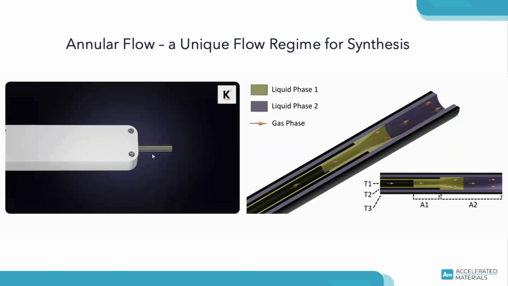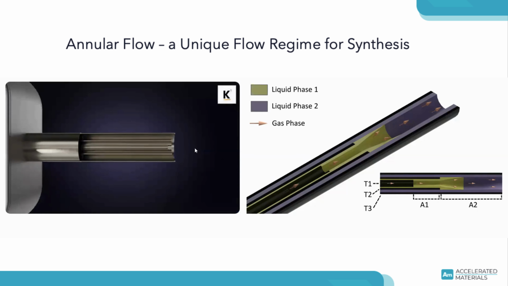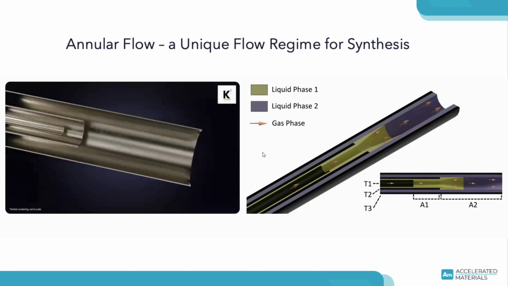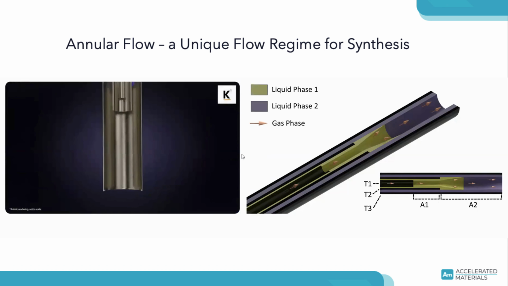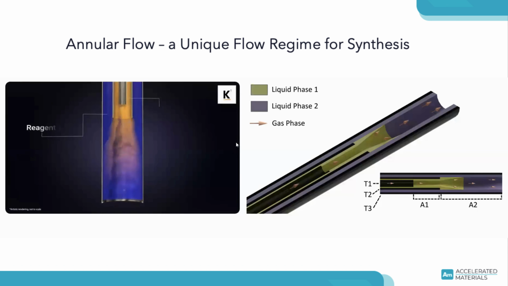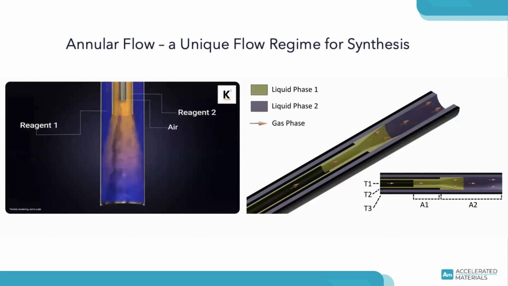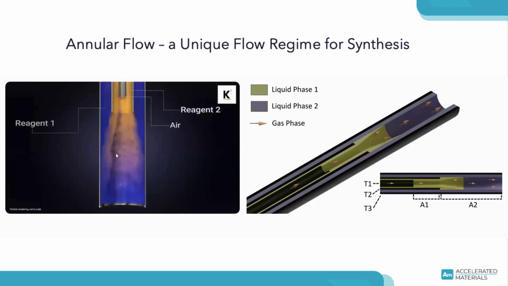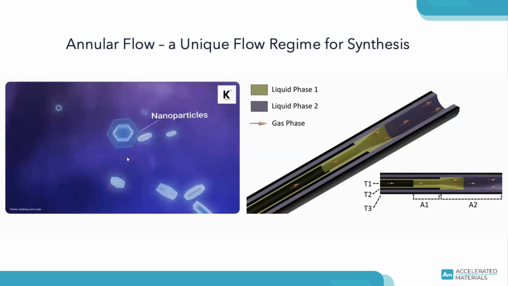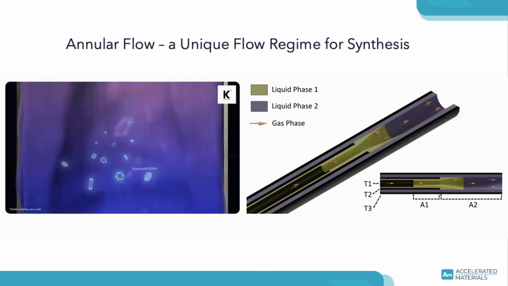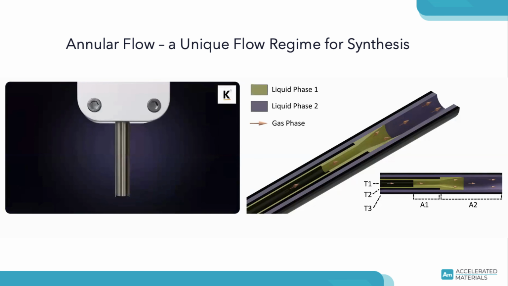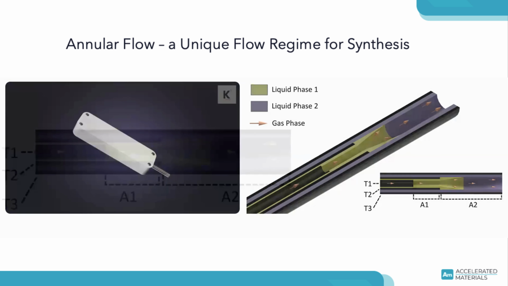This compressed gas forces your liquids into a high shear microfilm that essentially forms a high shear environment in which particles form, which you can see in this animation here. This is a continuous reactor, and as a result, is a bit like an espresso machine, right, for making particles.